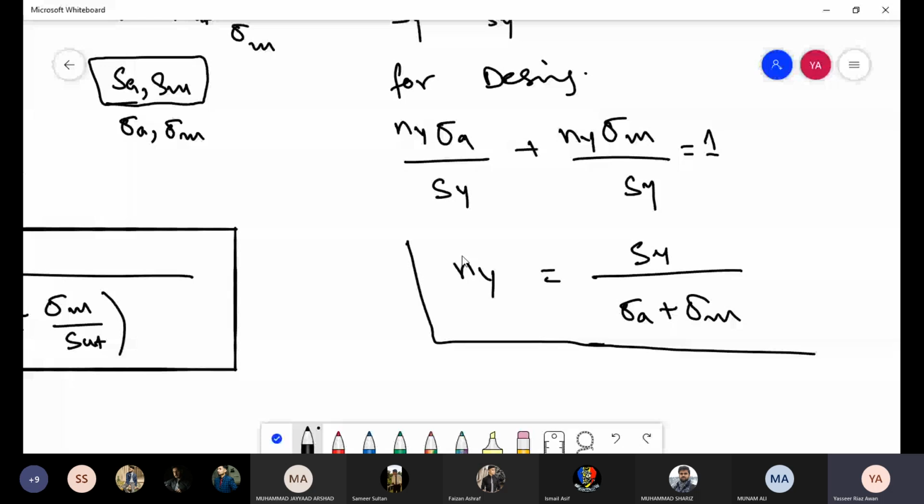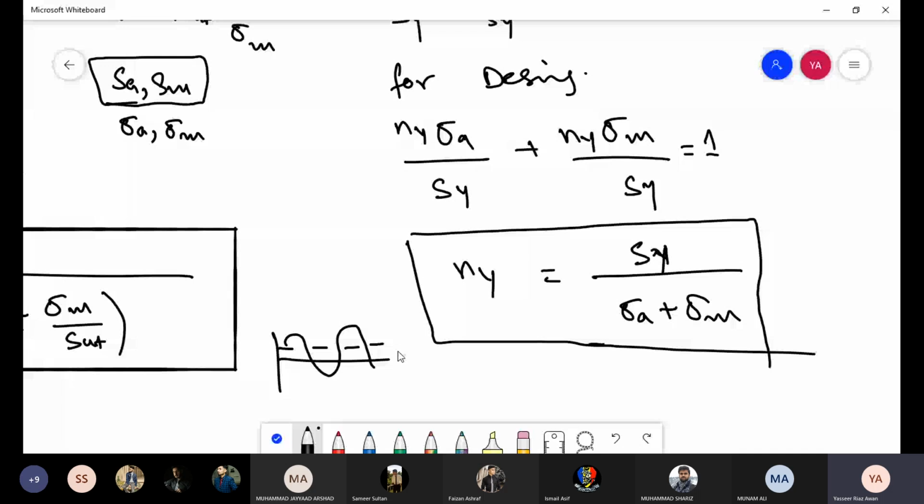If NY is greater than 1, that means you are below the Langer line, so there is no first cycle yielding. This equation is basically the same as comparing the yield strength with the maximum stress. If I look at this graph, this is sigma M and this is sigma A. So sigma A plus sigma M gives you the maximum stress that we are comparing with the yield strength of the material.